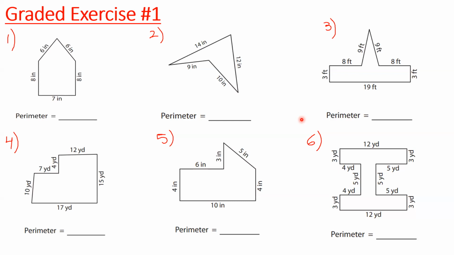Mr. Petit, I have a question. Go ahead. When you were explaining what we were supposed to do with perimeters, my mind started to wonder: is it possible to have one shape but have different measurements in it? It is possible.